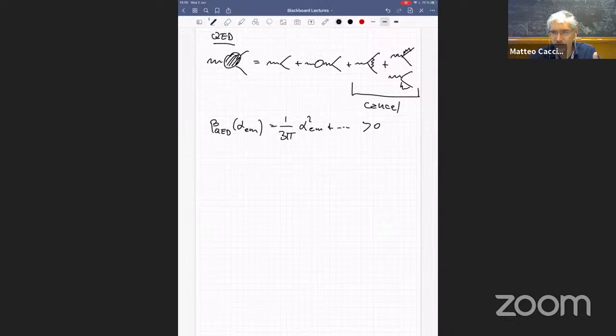You have probably seen this when you take 2 electric charges apart. Between them, you start forming out of the quantum vacuum electron-positron pairs, and these screen the electric charge, so that at large distances, the value of the electric charge is smaller than at small distances.